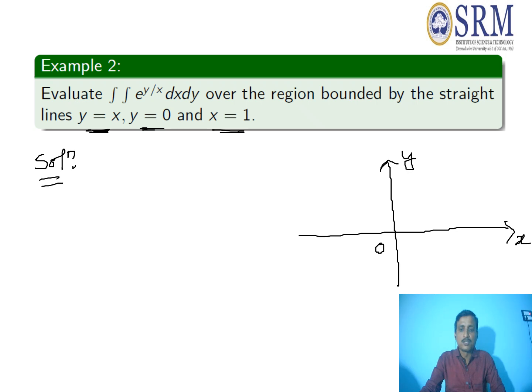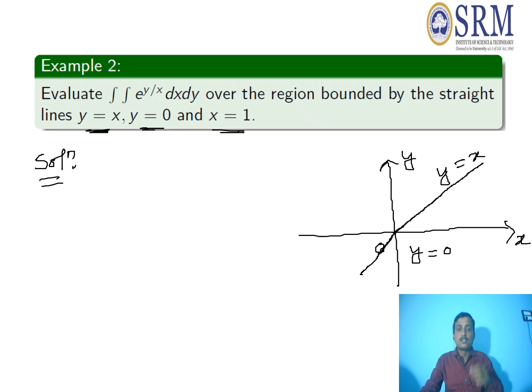It passes through the origin, and the angle is 45 degrees. Y is equal to 0, as we have just seen, is basically the x axis.